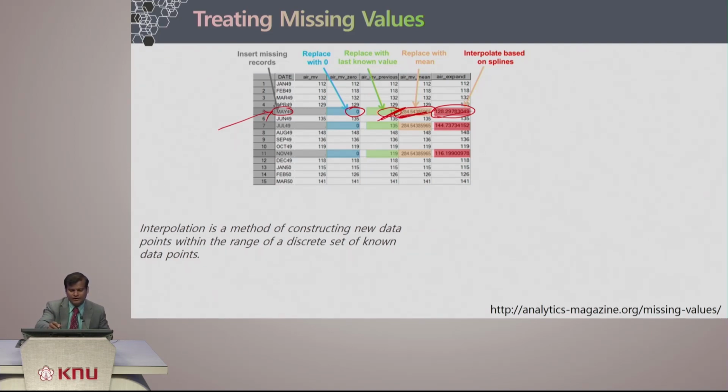Now, these are different approaches we can use to treat the missing values. There are a lot more other methods available. I am not sharing them at this moment. Maybe you can have a look at other information about how to treat and replace missing values. These are some of the typical methods.